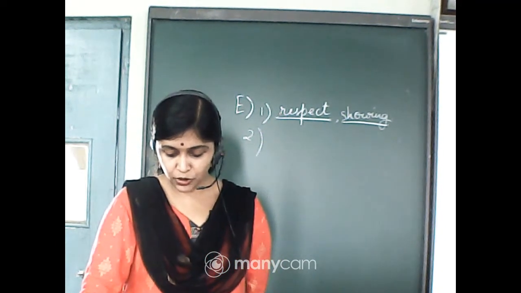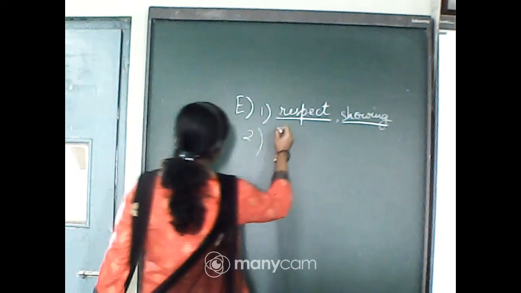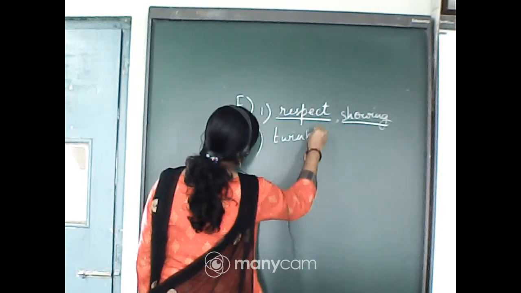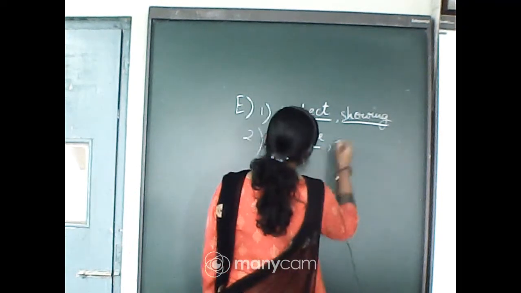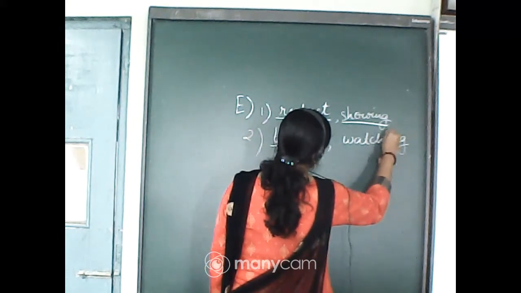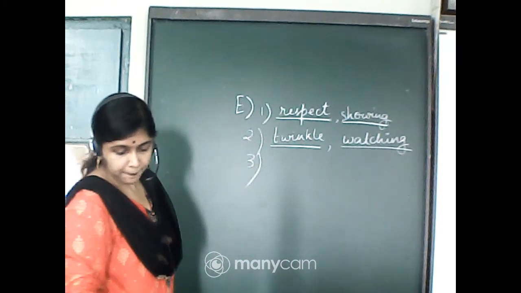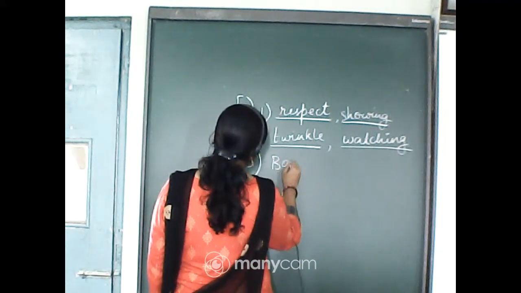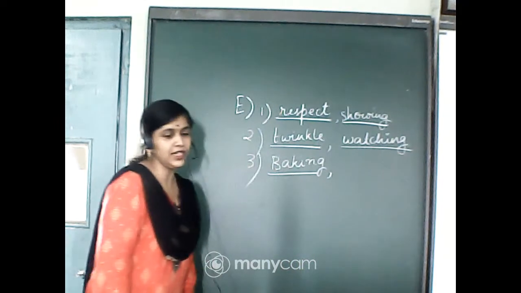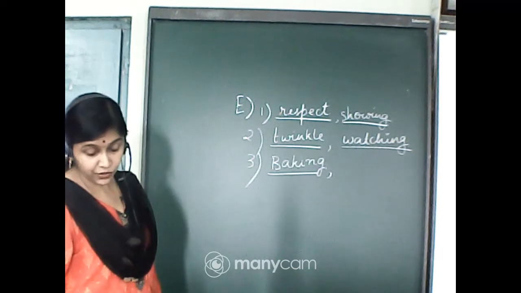Exercise E number 2. Stars twinkle at night and I love watching them on a clear night. Number 3, baking cakes take time, but you can understand that this one, baking cakes, is not actually the present continuous form of the verb, but it's a non-finite verb.